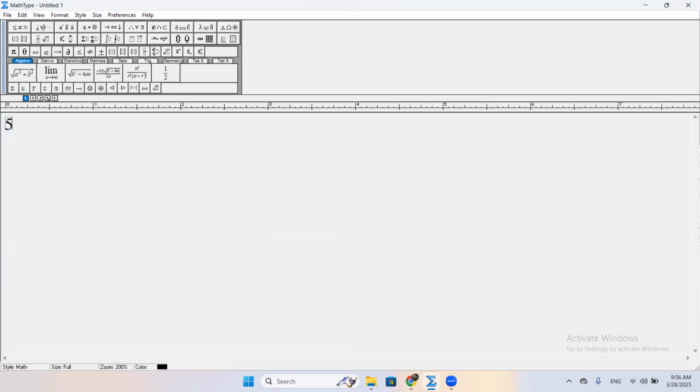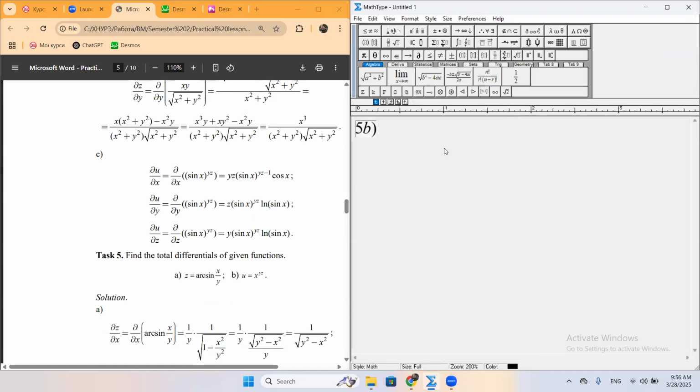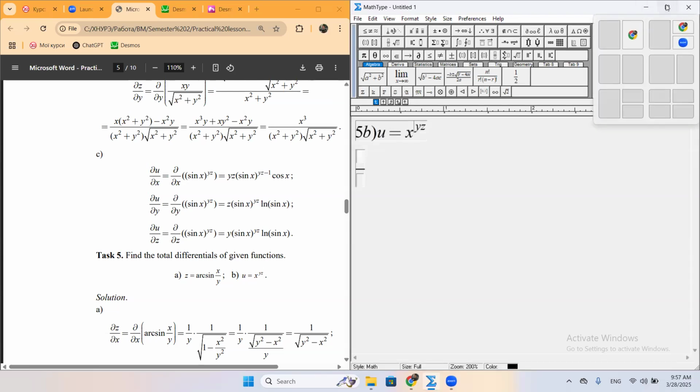Okay, let's do more practice. One more exercise for finding total differentials. So we have the following function. Now let's find derivatives.